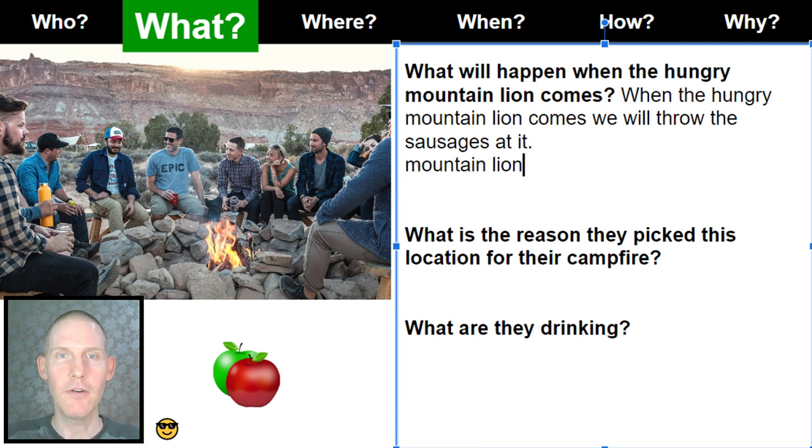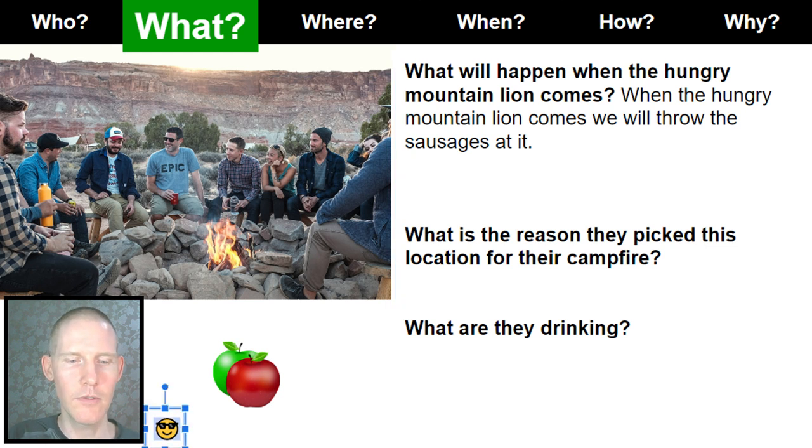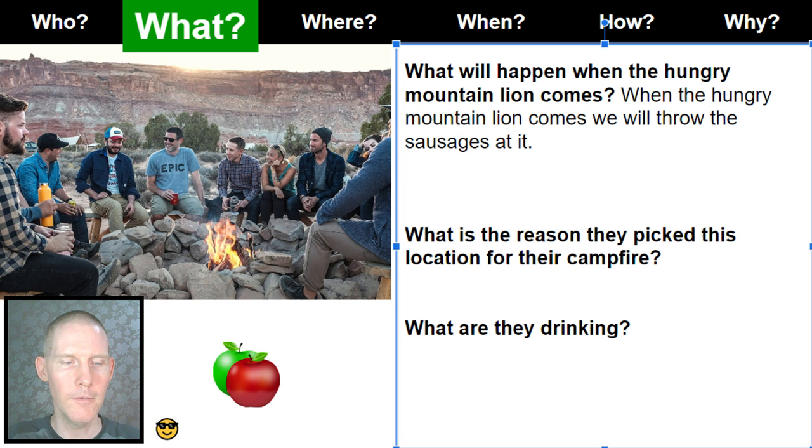Right. Oops. And let me get my sunglasses fellow to give you a short answer. You know, what are we gonna do? All right, or you could just say, what will happen when the hungry mountain lion comes?